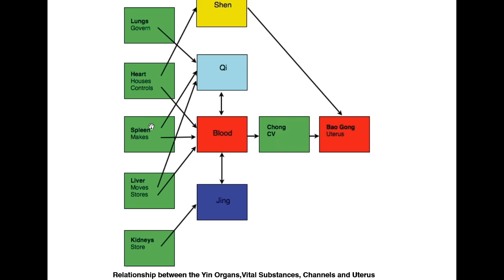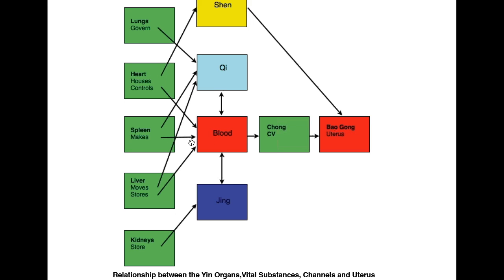The blood is produced by the spleen, but it's also related to the liver because the liver stores the blood, and the movement of Qi and the storing of blood is important in menstruation because it helps regulate the regularity and the smooth flowing of the cycle.